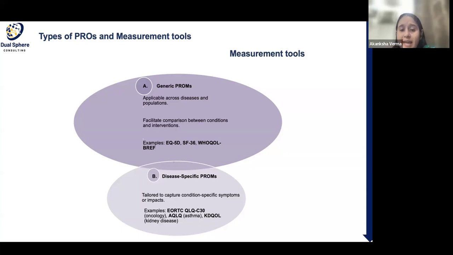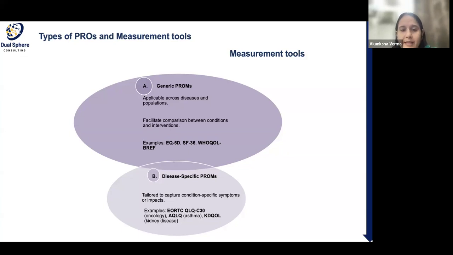Then you have AQLQ, which is for asthma, for respiratory diseases. Then KDQOL, which is the kidney disease related quality of life questionnaire. So these questionnaires are tailored to those health conditions, and from these you get information related to that particular disease, specific to the particular type of condition, not generic.